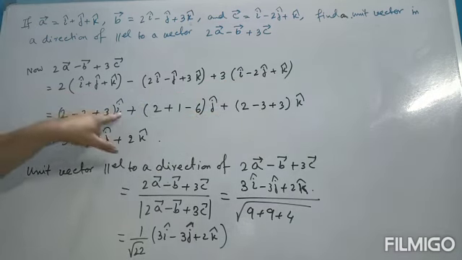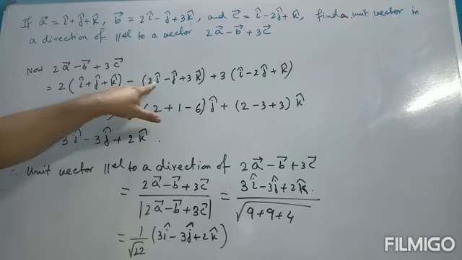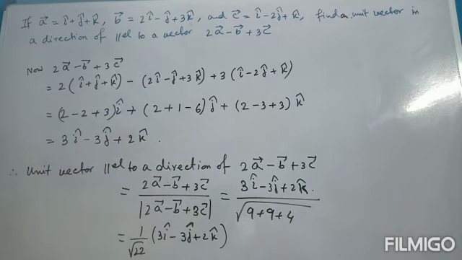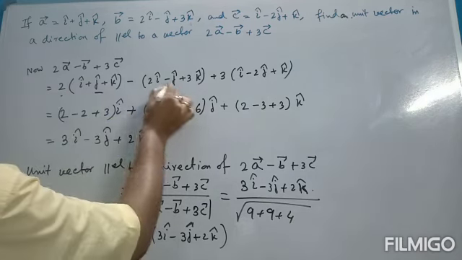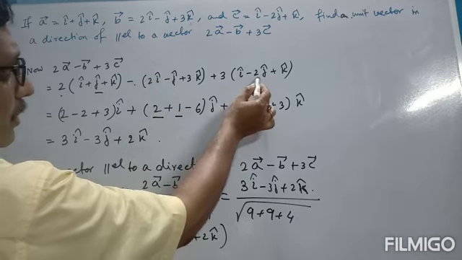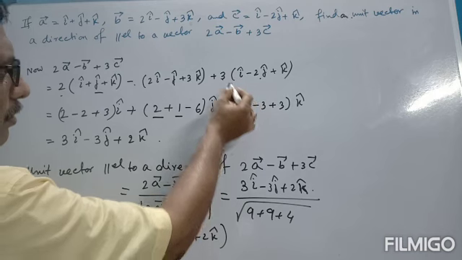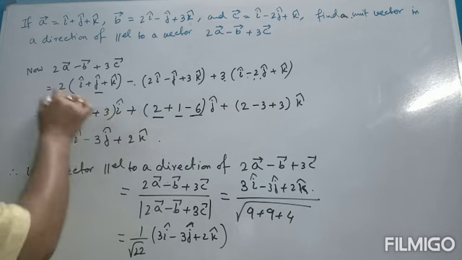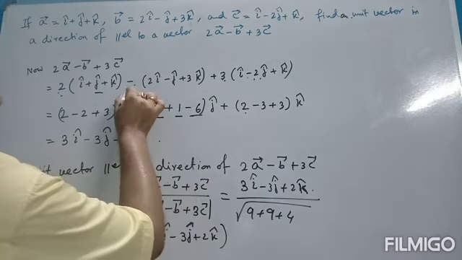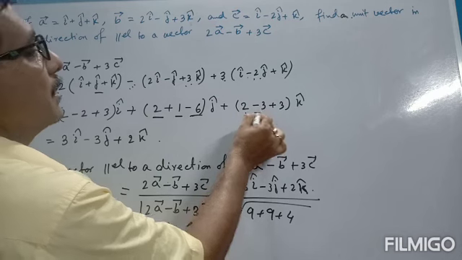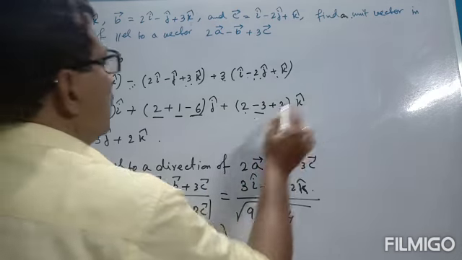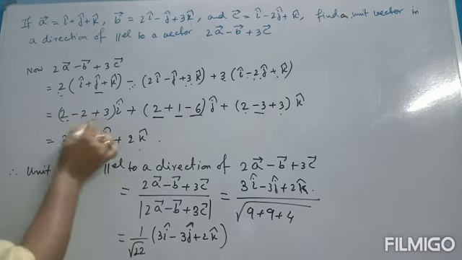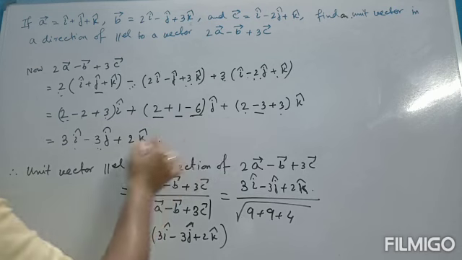Now i is common: 2 minus 2 plus 3, so it is 3i. For j: 2 minus minus 1 is plus 1, and minus 2 into 3, that is minus 6, so it is minus 3j. For k: 2 minus 3 plus 3, that is 2k. So after simplification we get 3i minus 3j plus 2k. Very simple.